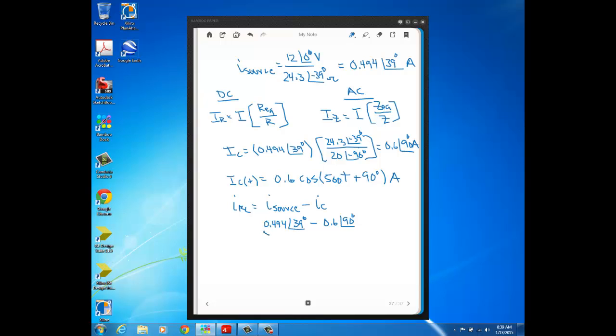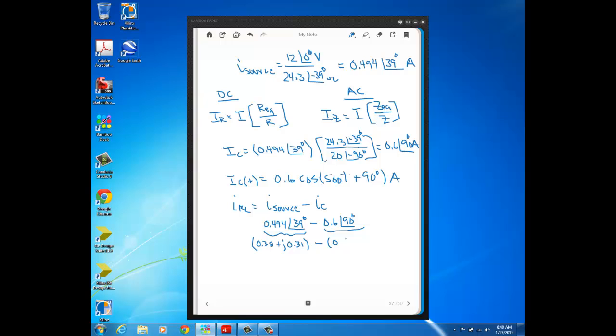And as you know, you can't subtract these vectors directly because they're at different angles, so we would have to break these up into the components. We'd have to convert the polar form here, magnitude and angle, into rectangular form where we have the real and imaginary components. So if you do magnitude times cosine 39 degrees, you'll get the real part of 0.38. And then if you do 0.494 times sine 39 degrees, you get plus j 0.31 for the imaginary part. And then here, the imaginary part is going to be 0 since you have cosine 90 degrees.